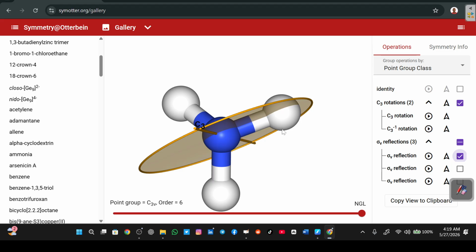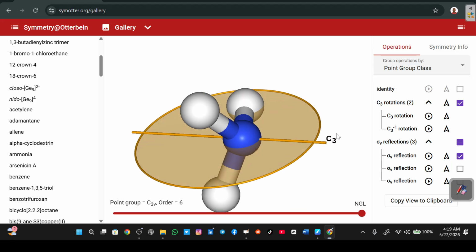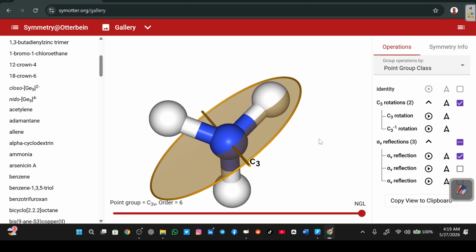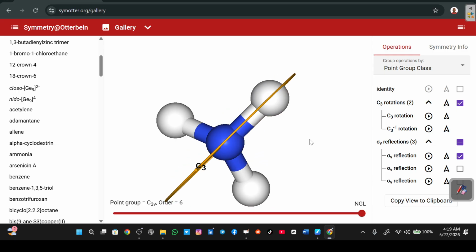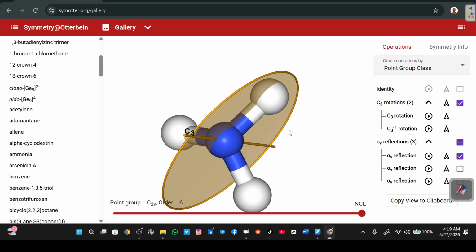So we had said it's parallel to the principal axis. Okay, so if it's parallel to the principal axis, this is how you visualize it. So it's cutting through the nitrogen-hydrogen bond, and it's parallel to this principal axis.